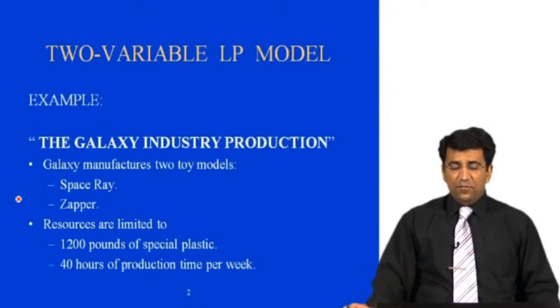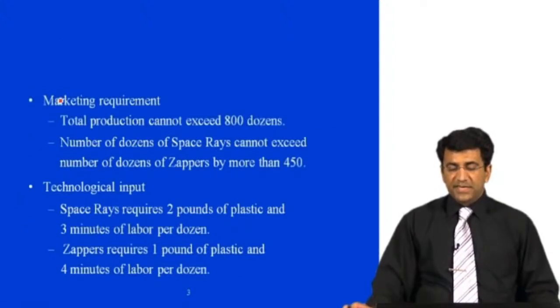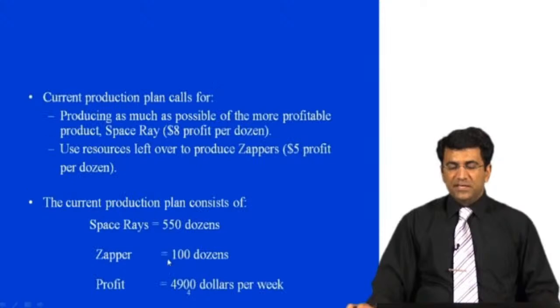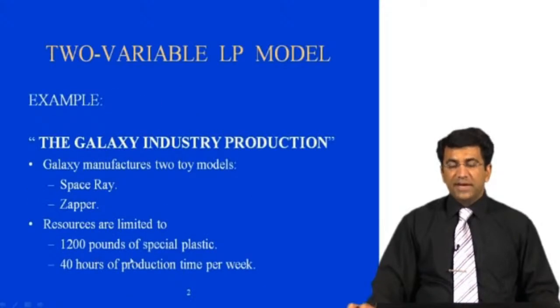Again, we have one of the constraints relating to that special plastic, that we cannot use more than 1200 pounds. So if space rays take 2 pounds of plastic and zappers take 1 pound of plastic, our next constraint is 2x1 plus x2 should be less than or equal to 1200 pounds. That is the constraint about plastic.